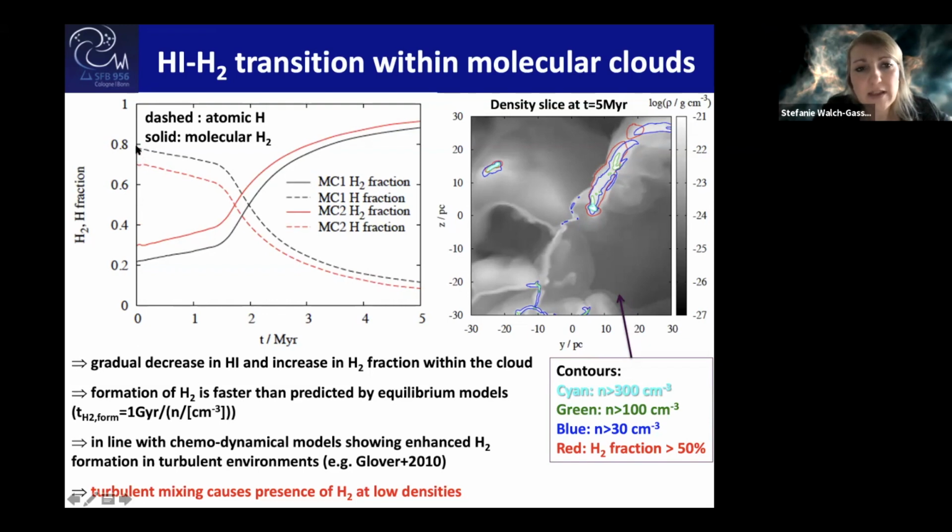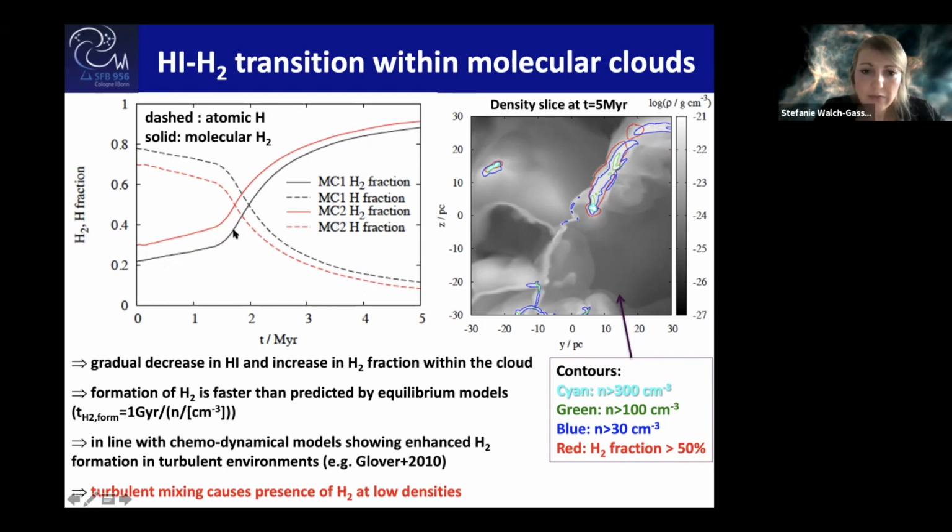So we start at a time when most of the gas is in the atomic phase, because we want to really follow the molecular gas formation in more detail. You can see that it takes a while in this phase, and then the material becomes dense enough such that molecular gas formation sets in. Then the molecular gas fraction increases quickly while the atomic gas fraction decreases.